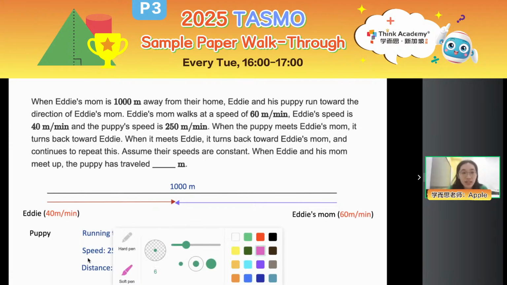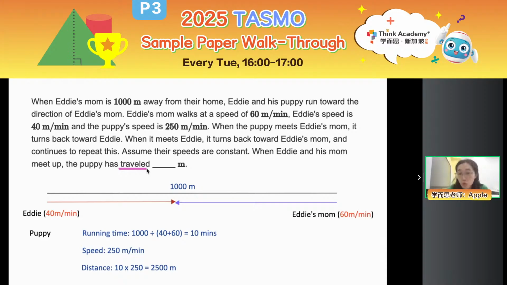Firstly, in order to figure out the total distance traveled by the puppy, what should we do? It is very important to figure out the running time and the speed. Because when it comes to a distance, speed, time problem, how do we figure out the total distance? That is always the time multiplied by the speed, or you can change the position, speed multiplied by the time.